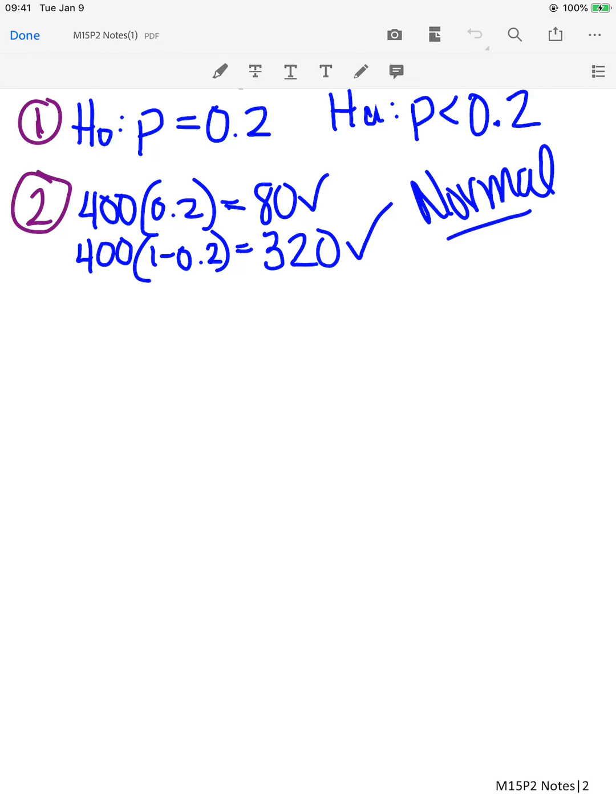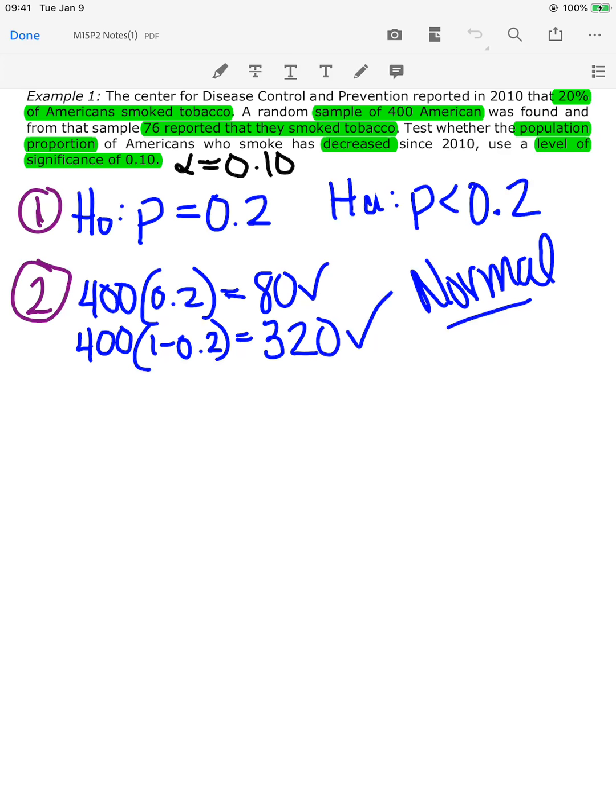So now, step 3, we still need that information. I can't scroll that far down. Step 3, we're going to calculate a test statistic or a z-score, and we're going to calculate a probability.